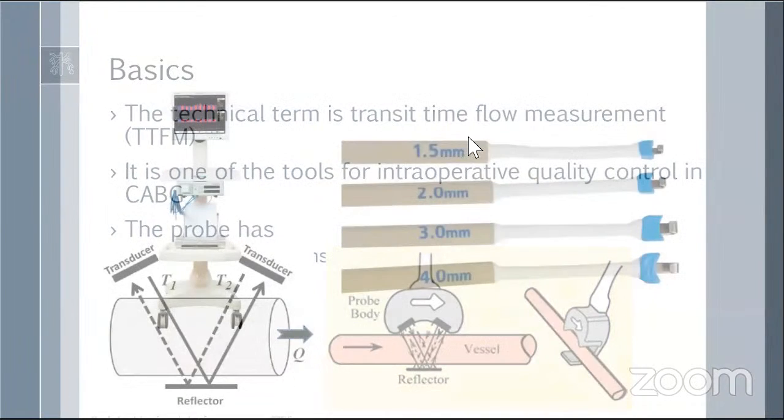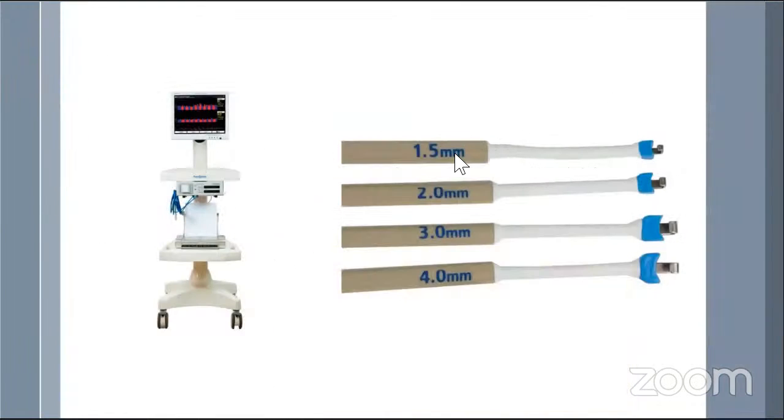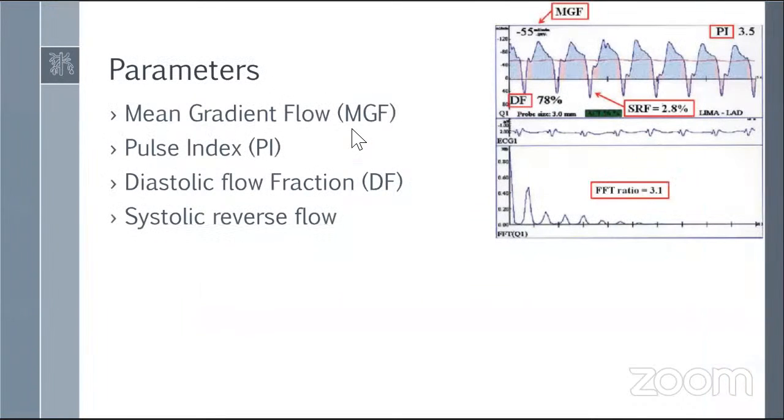This is a picture of the flow meter used intraoperatively, with different sizes depending on the graft size. And on the left is the machine that shows the measurements and the calculations. So the parameters that this technology counts: first, we have the mean graft flow and the pulsatility index.